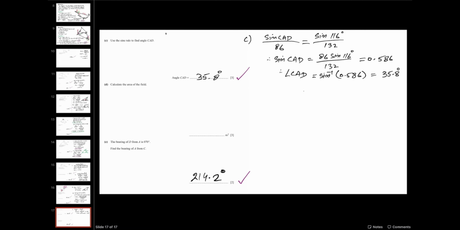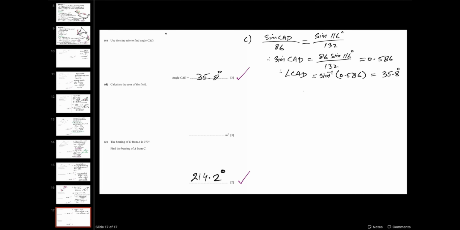Now move to part C. Use the sine rule to find angle CAD. So sine CAD upon 86 is equal to sine 116 degree upon 132.